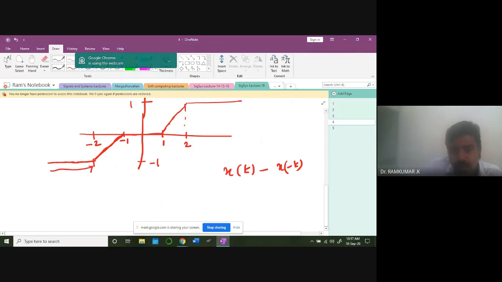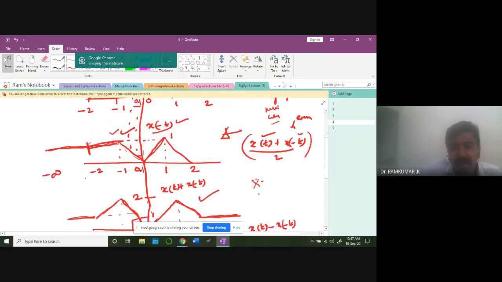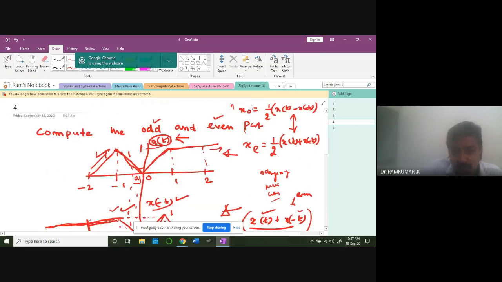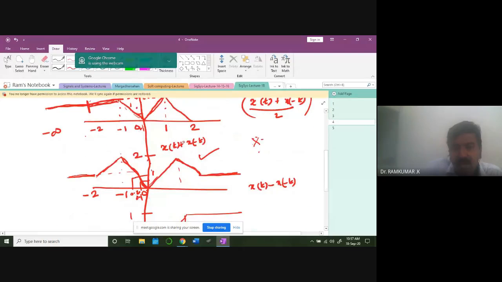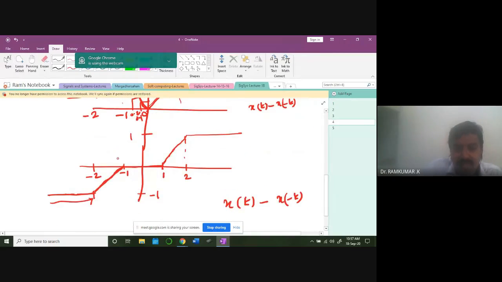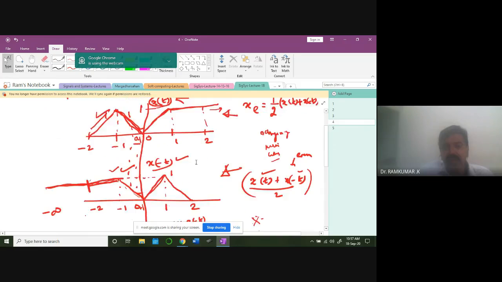And then at this point, what happens? At minus 1, there is a decreasing slope of minus 1, and this is also contributing. Then it will become constant, and then again it's going to be an increasing slope. Take the problem and look at it carefully, you can clearly see it.